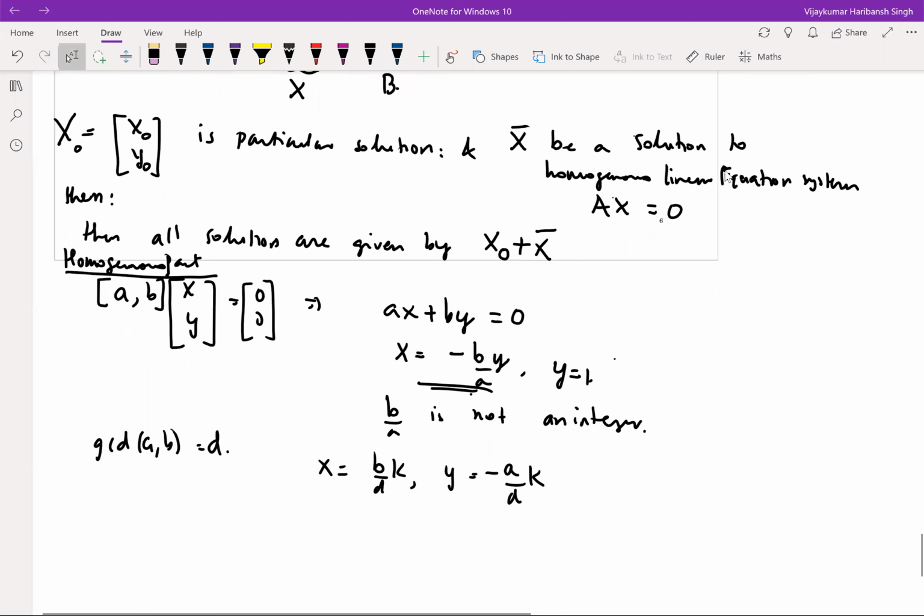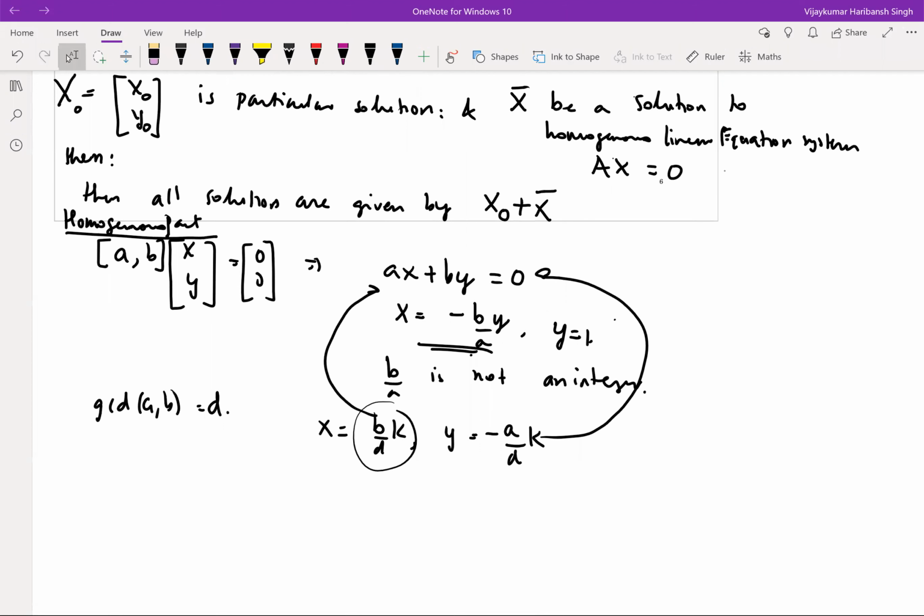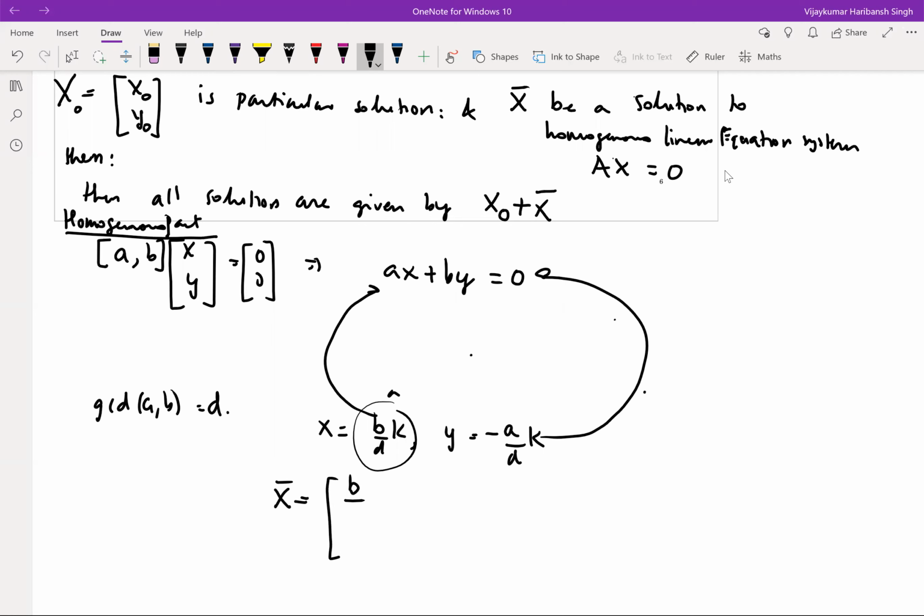So how do you see that? If you substitute this in this equation here, you will see that this works. Okay, so this is a homogeneous solution to this equation. Now what you do is the following. Your X bar, which is the set of homogeneous solutions, is given by (b by d times k, minus a by d times k), where k belongs to the integers.